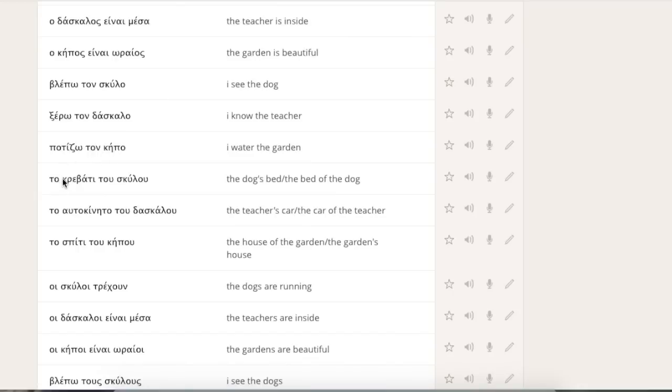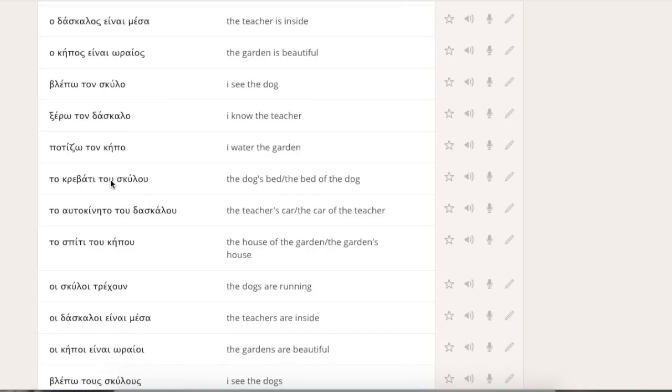Το, the, κρεβάτι, bed, του, of the, σκύλου, dog. So here the article tou represents two words in English, of the. And skilu, dog, has basically the same ending as the article.